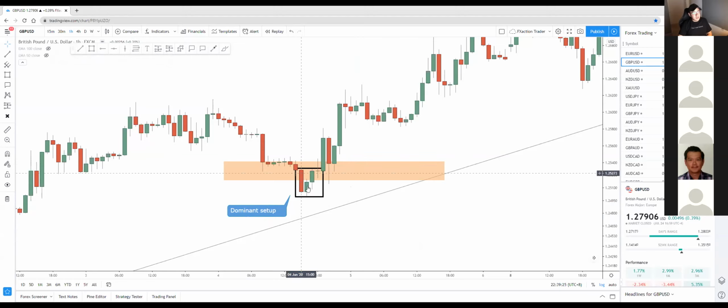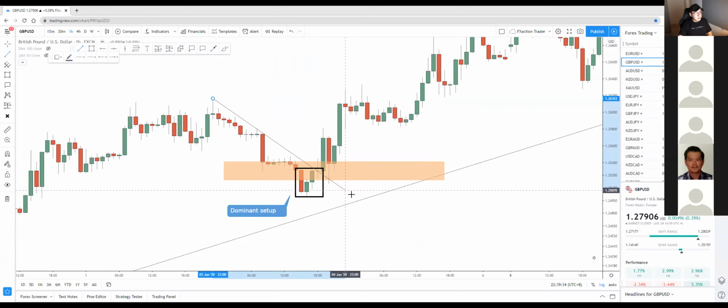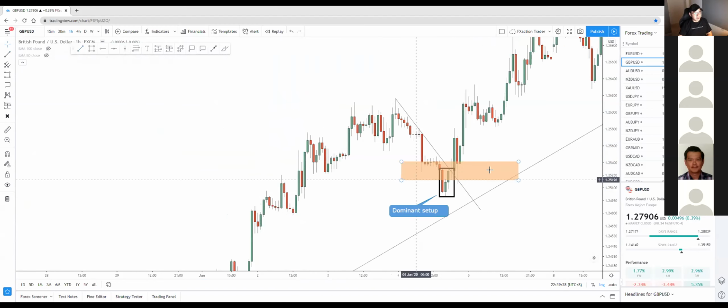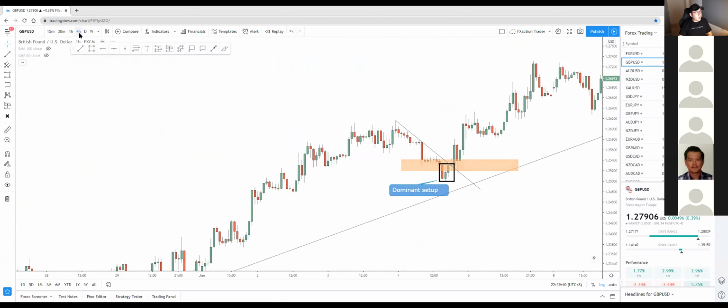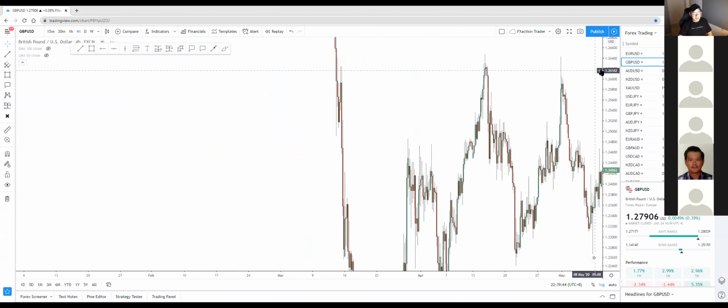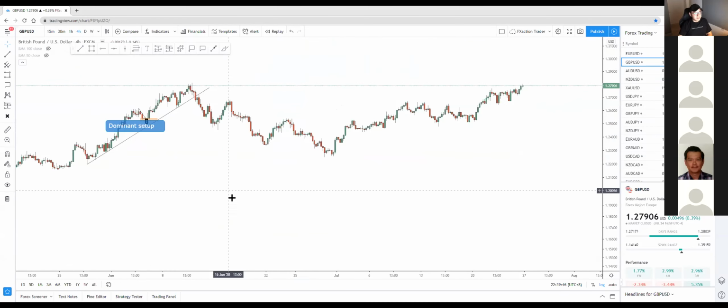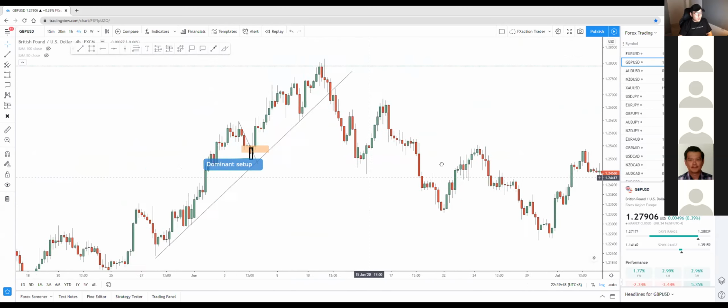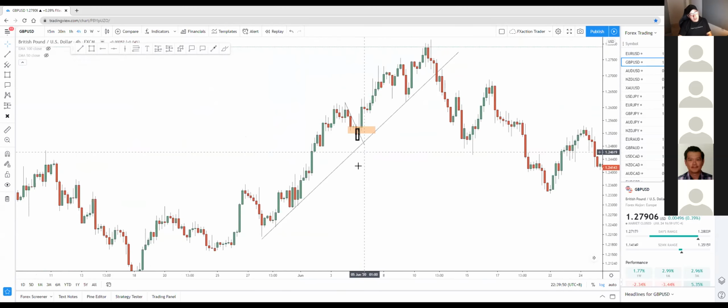So this is a dominant setup and also an entry method for us. We have the first entry method here, and the second is that the market breaks the trend line for a downtrend. When we are talking about trend, we need to know that markets are in phases.